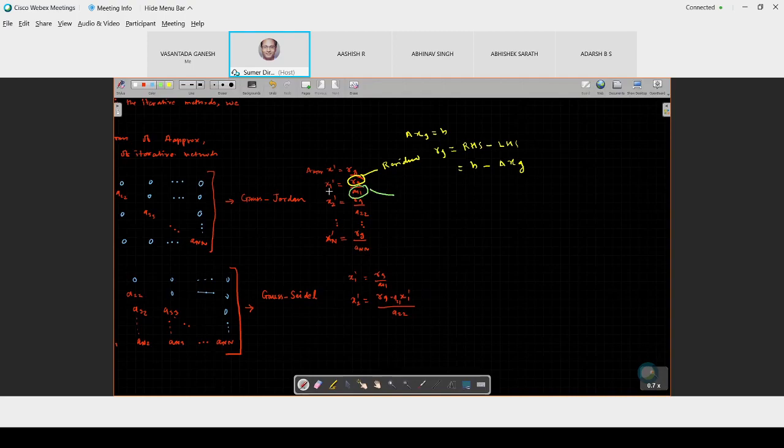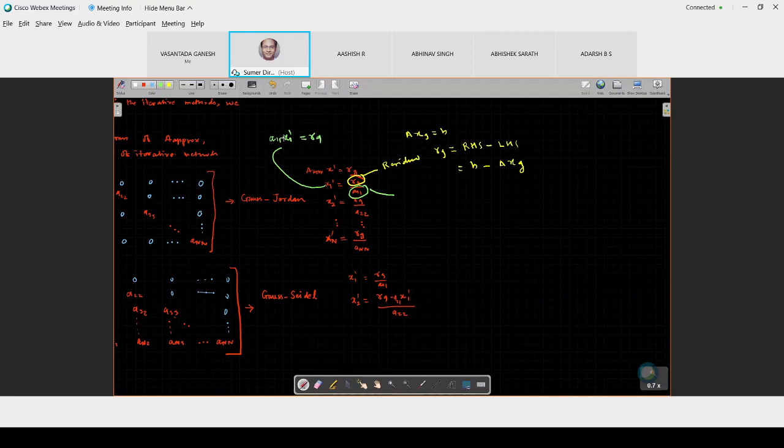So everywhere you are either calculating residuals, and the other is called the central coefficient. Central coefficient means, suppose we are focusing on x1, then what is its coefficient? The coefficient of x1 prime is a11, right? From this approximate matrix, the equation looks like a11 x1 prime is equal to rg.